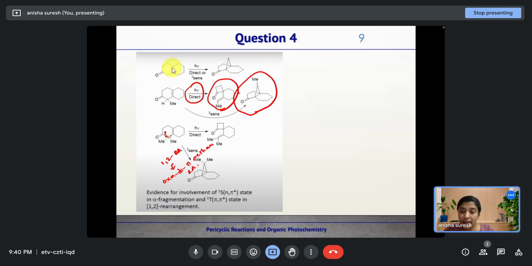And the radical that is formed after recombination will be quenched. So this is a Norrish type 1 reaction and this is the oxadi-pi-methane rearrangement. Since alpha fragmentation is taking place, it is a Norrish type 1 reaction. If you want to see the mechanism, it will be like this.